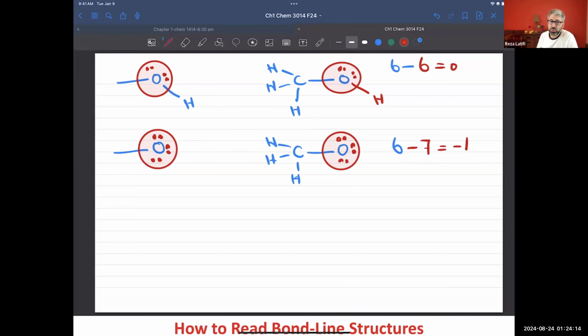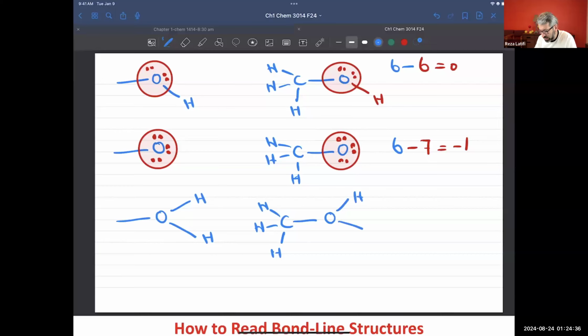But what will happen if we have 2 hydrogens there? So we go, oxygen attached to 2 hydrogens. This one represents carbon with 3 hydrogens attached to oxygen, and oxygen has 2 hydrogens attached to it.